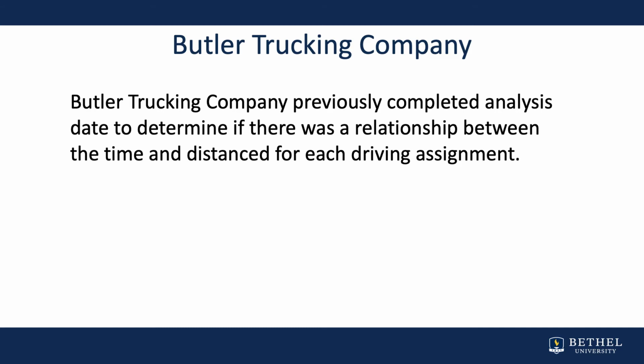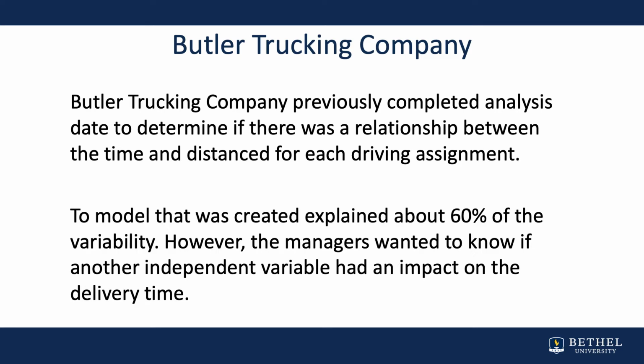However, in this previous analysis, the analysis explained 60% of the variability found in the data. Managers want to also figure out if there was another factor that had some influence on the time.